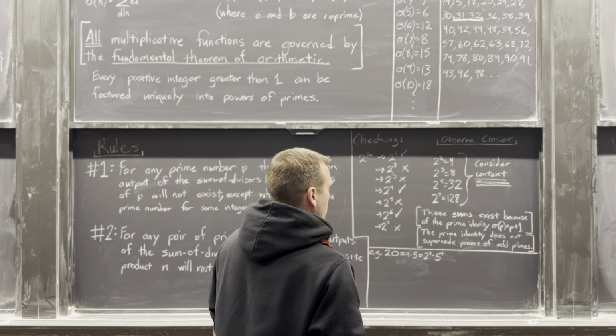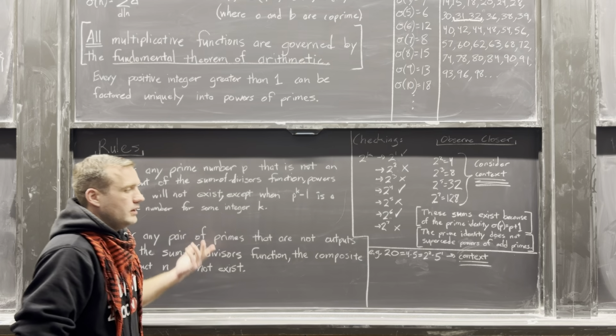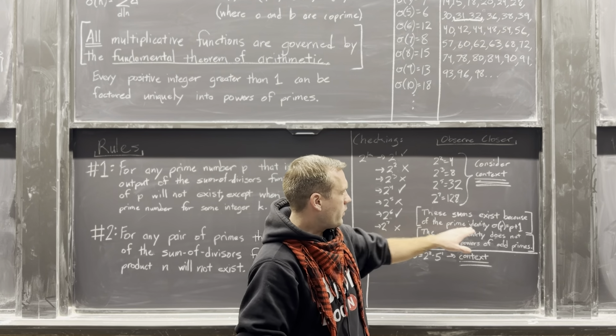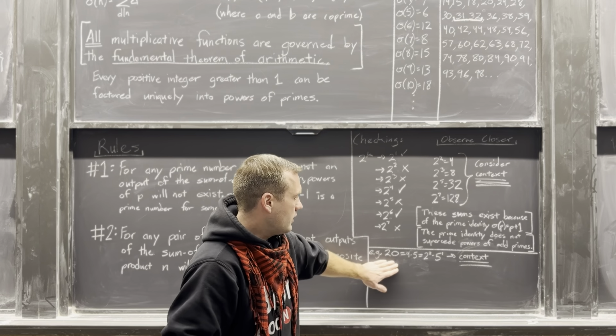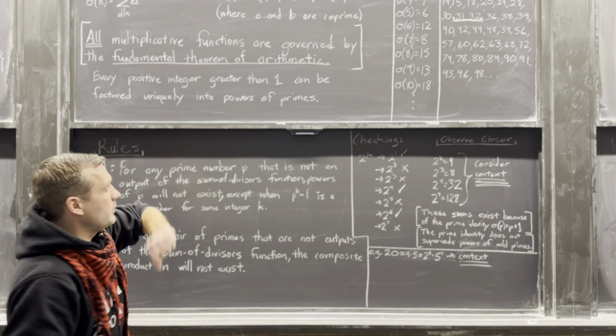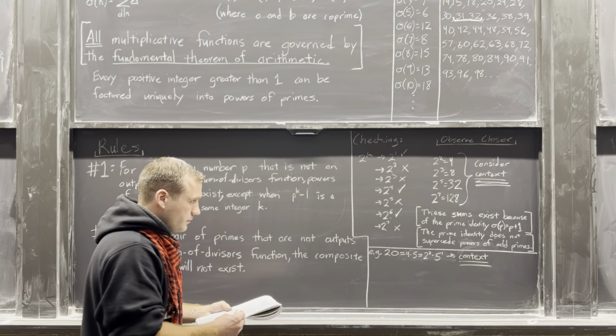Well, again, context. Turns out, what's right before 20? 19. And 19 is a prime. So once again, we have the prime identity interfering, superseding, I should say, the fundamental theorem of arithmetic.